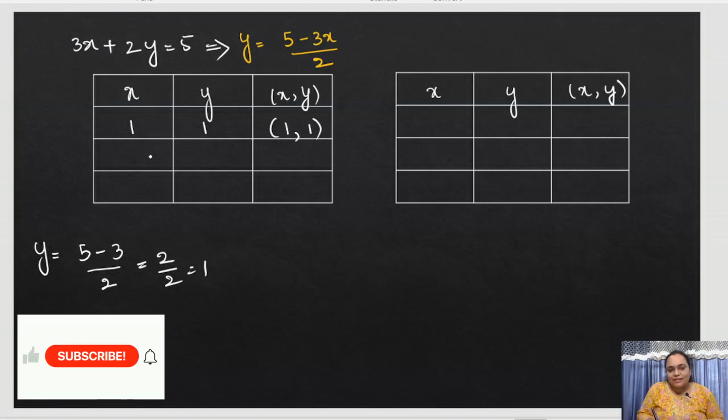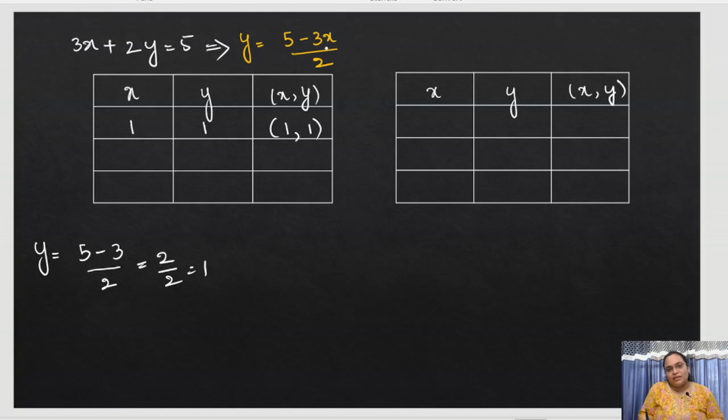See, if you take x equals 2 here, this will be 6, right? 5 minus 6 is minus 1. Minus 1 by 2 is again a decimal. So let us take x equals 3. If you take x equals 3 here, you will get y equals 5 minus 3 3s is 9, 9 by 2.